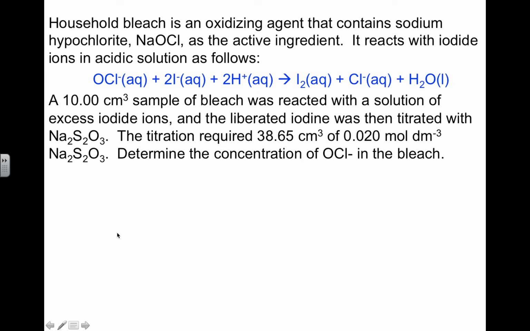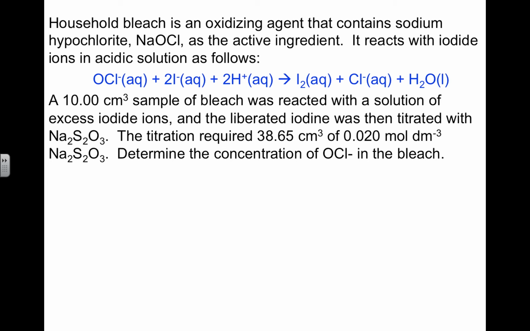So here's a reaction. A 10 cubic centimeter sample of bleach was reacted with a solution of excess iodide ions, and the liberated iodine was then titrated with sodium thiosulfate. The titration required 38.65 cubic centimeters of 0.02 molar sodium thiosulfate. Determine the concentration of hypochlorite in the bleach.